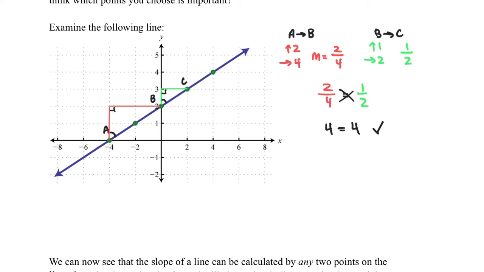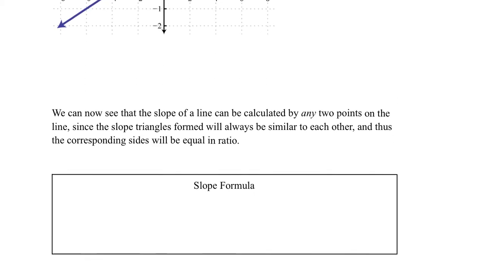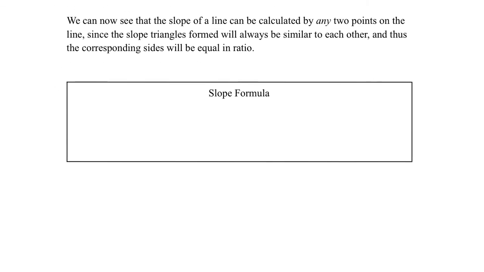So the punchline here is it doesn't matter which 2 points you choose on a line, the slope is constant everywhere, so we should always get fractions that are essentially equal. This all boils down to similar triangles.